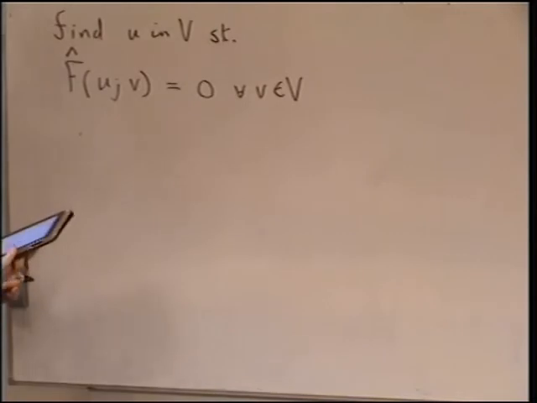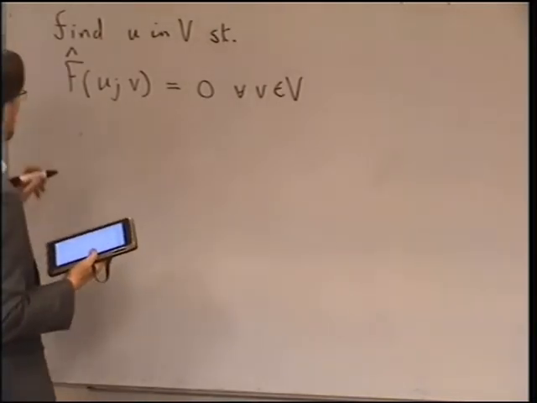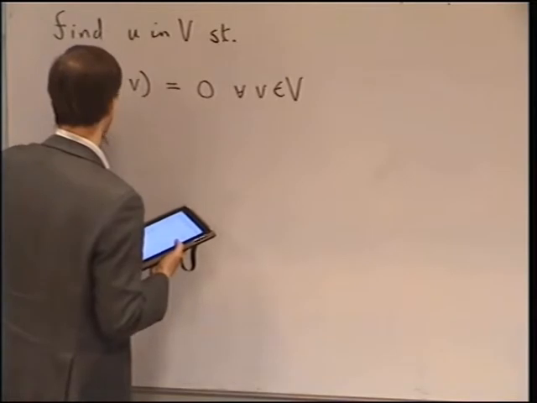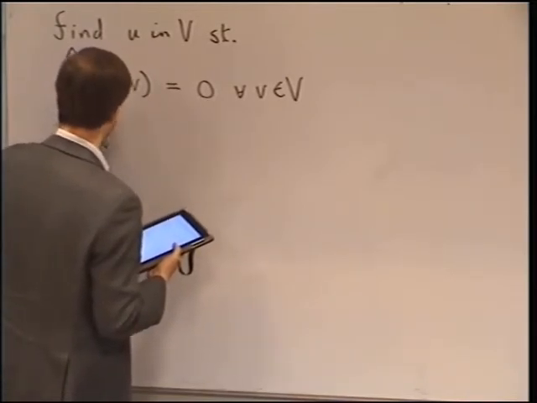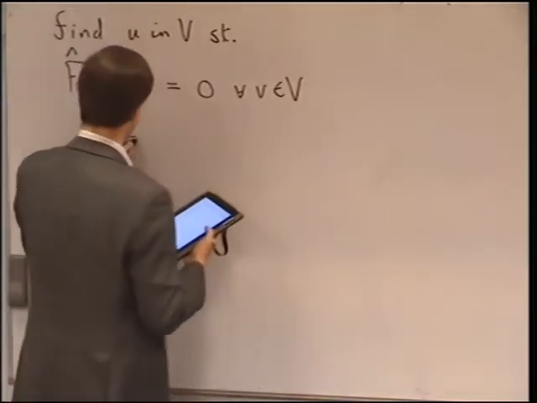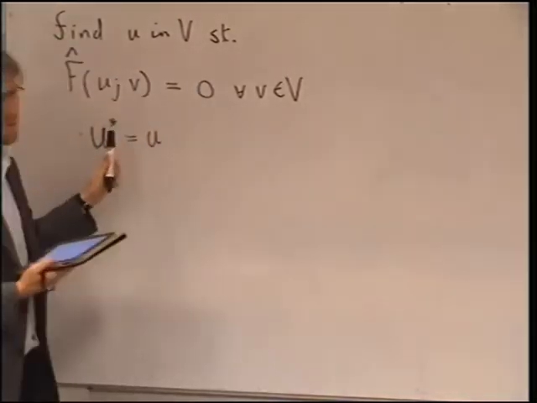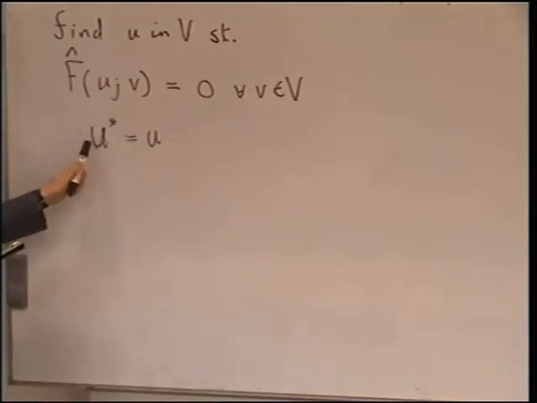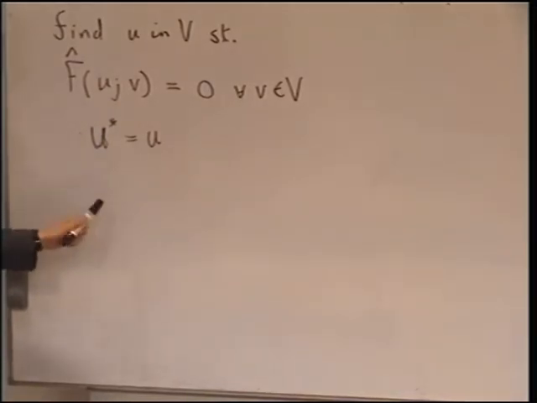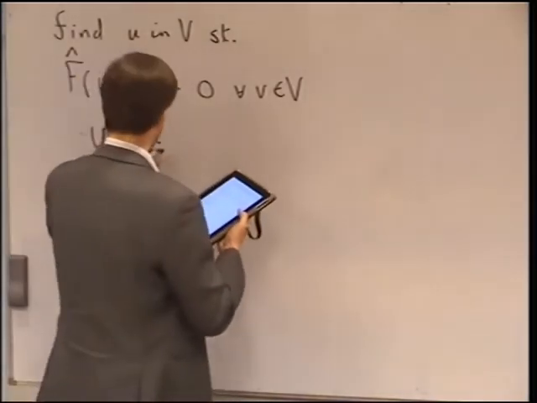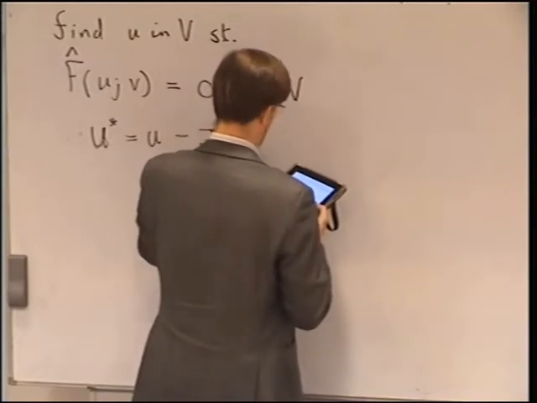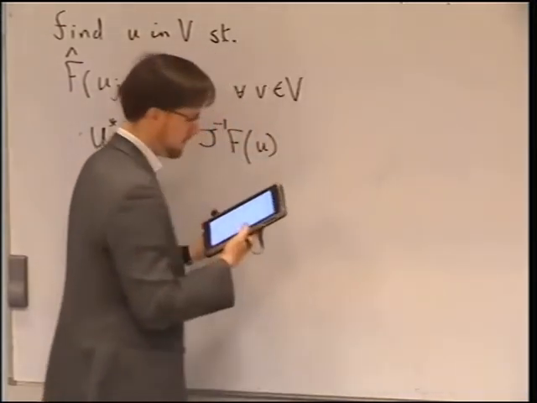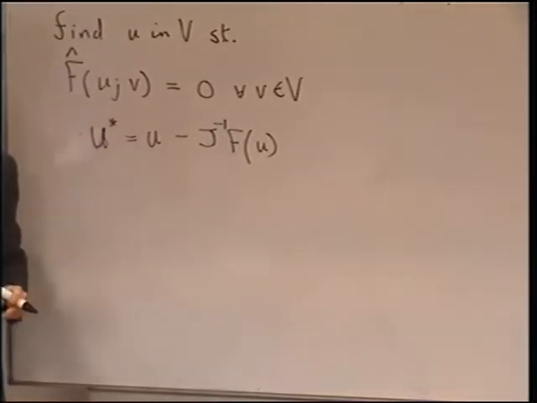What we're going to do is Newton's method, which we derived last week. So Newton's method is that my next u is equal to, so this is not the u at the next time step, this is my next guess at what u is, my current guess at what u is, minus J inverse F of u, where J is the Jacobian matrix, which is given by the Gateaux derivative.